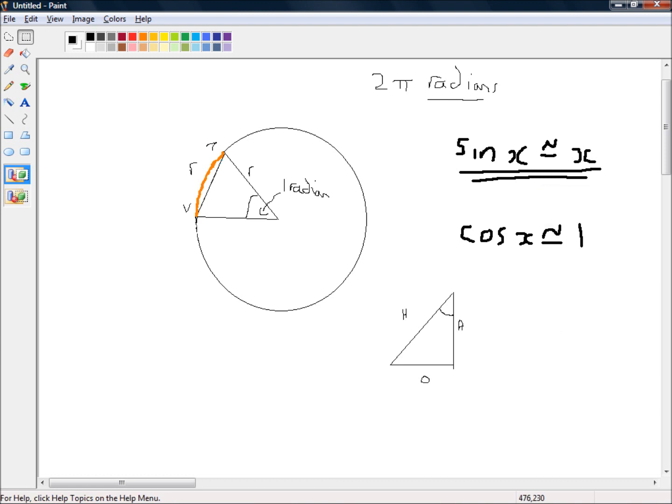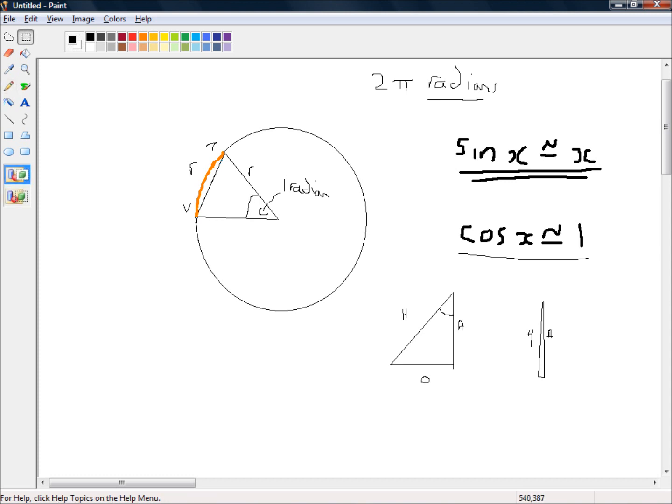So as this angle gets smaller and smaller, so let me draw a really small angle. You can see now the hypotenuse is very nearly the same length as the adjacent. So the hypotenuse divided by the adjacent is almost 1, and the hypotenuse over the adjacent is the cosine.